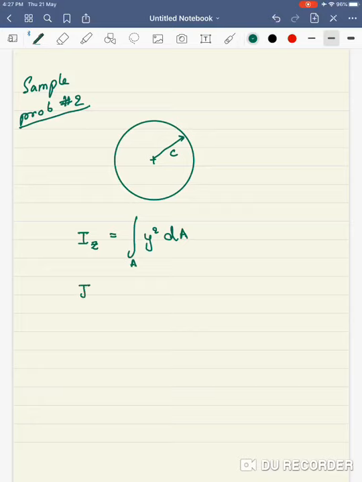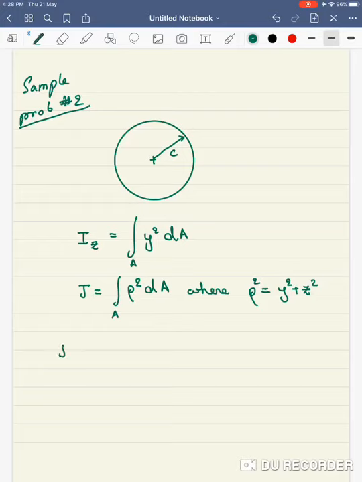So remember, I showed you J in this case would have been the integral of rho square dA, integrated over the same area, where rho square is for any given location y square plus z square. It is this quantity. So the centroid obviously being the center of the circle.